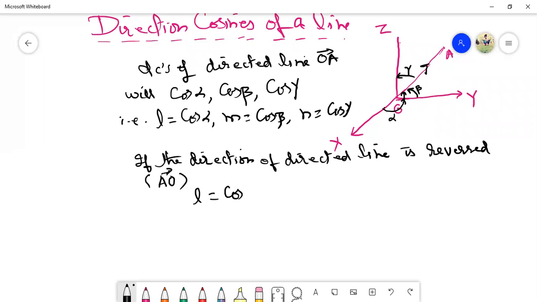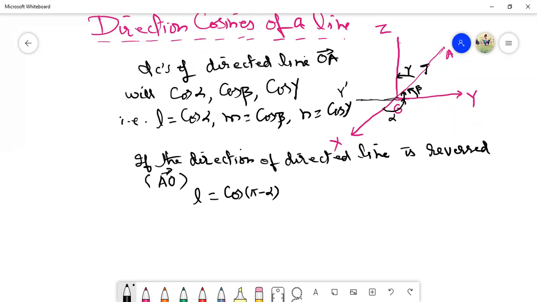The angle will be changed in this case because we have to take the angle in the positive direction, anti-clockwise. So this is alpha, the total angle is 180 degrees, so 180 degrees minus alpha. Suppose this is the y direction, and we take y dash.